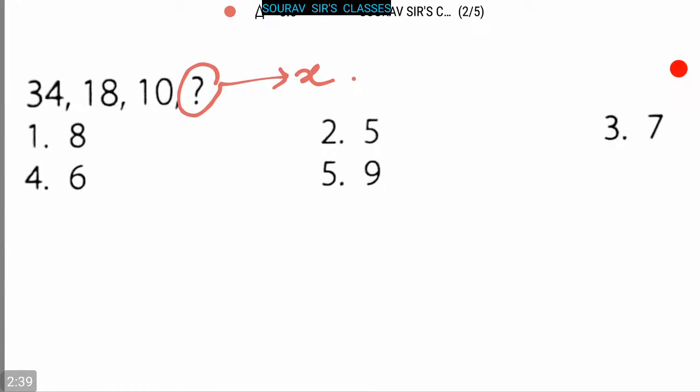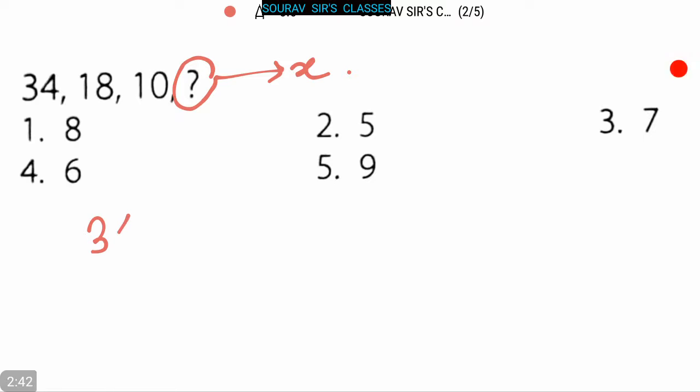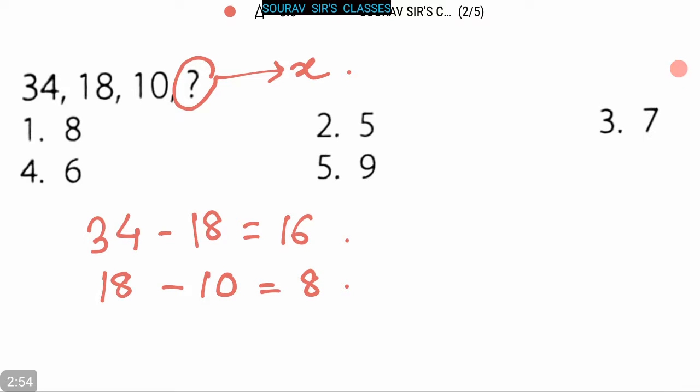So 34 minus 18 is equal to 16. Now 18 minus 10 is equal to 8. Now clearly 10 minus x must be 4.